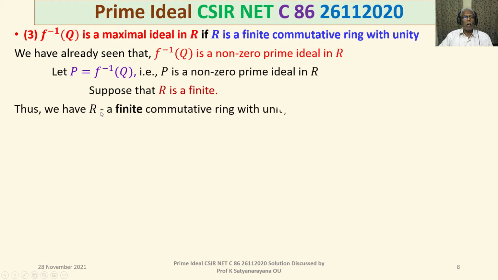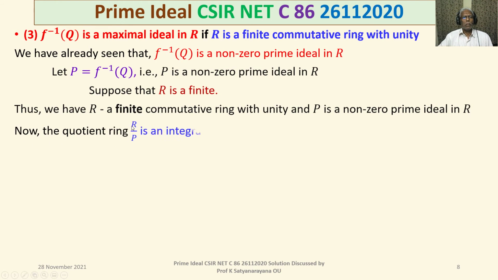Thus, R is a finite commutative ring with unity, and P is a non-zero prime ideal in R. We can talk about its quotient ring R by P. The quotient ring R by P is an integral domain. Why? P is a prime ideal if and only if R by P is an integral domain.